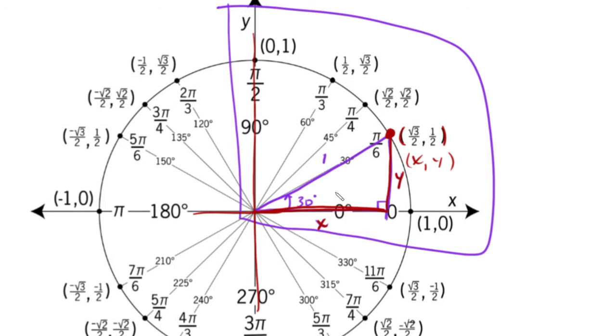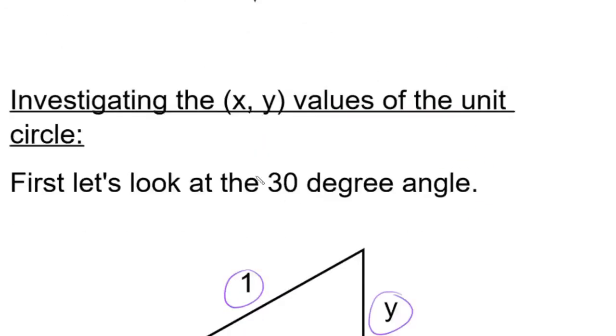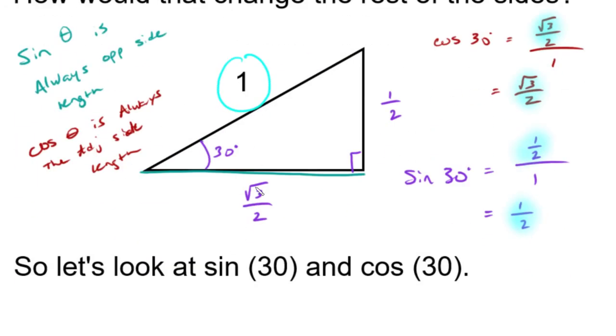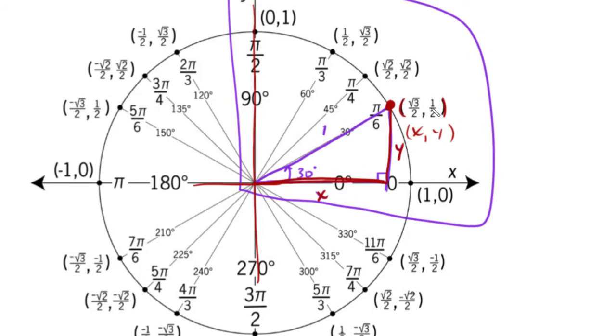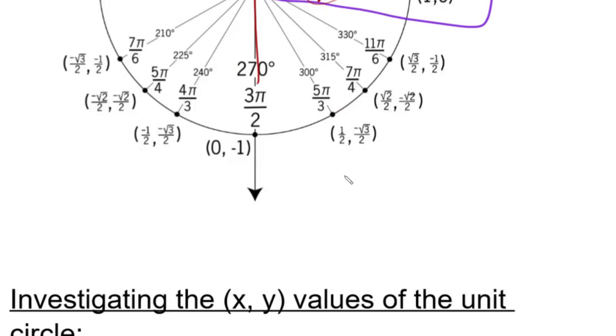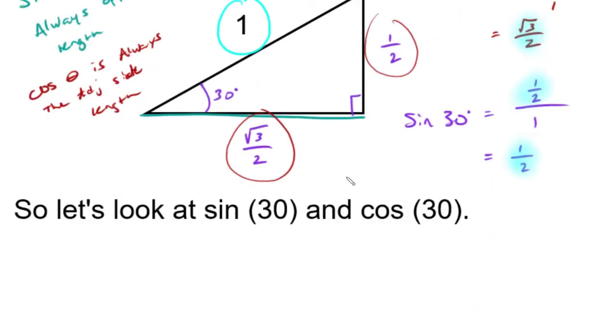Square root of 3 over 2 would be this side length. The 1/2 is right here. That 1/2 right there was from this side. The square root of 3 was from this side. All this is about to start coming together.